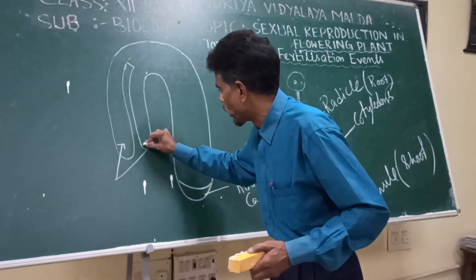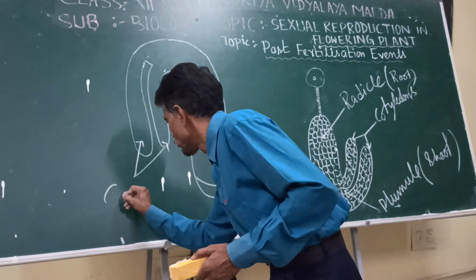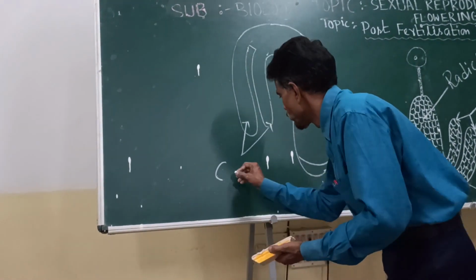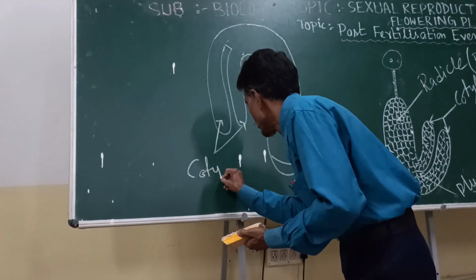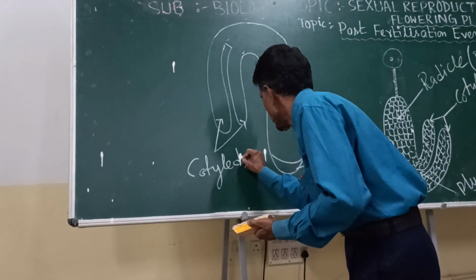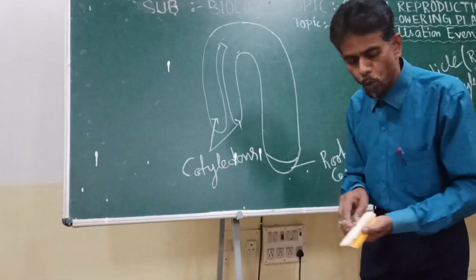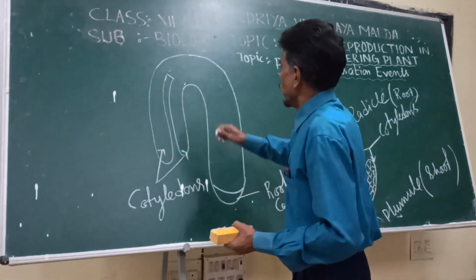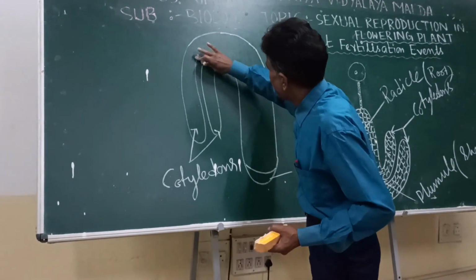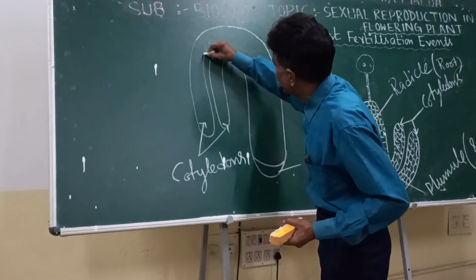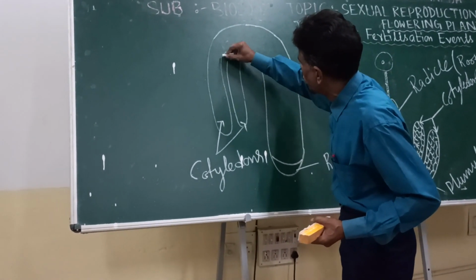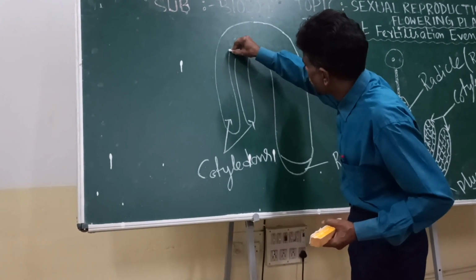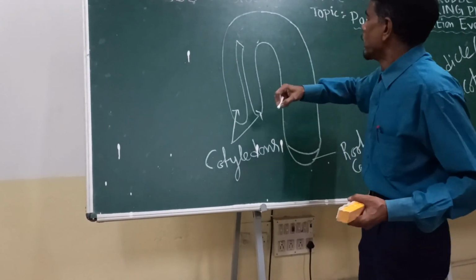These are the two cotyledons. If I modify it a little, then it will be easy for you to get a proper clarification.